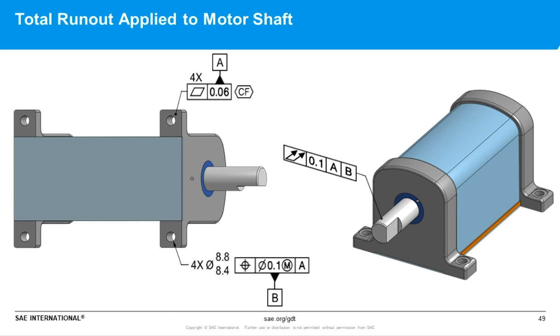In this case, A and B are not establishing an axis of rotation. A is the mounting surface, B are the four mounting holes to locate this motor. So for assembly applications like this, we could reference those mounting datum features in the runout tolerance, and those would be used to constrain the rotational degrees of freedom when measuring the runout of that shaft.